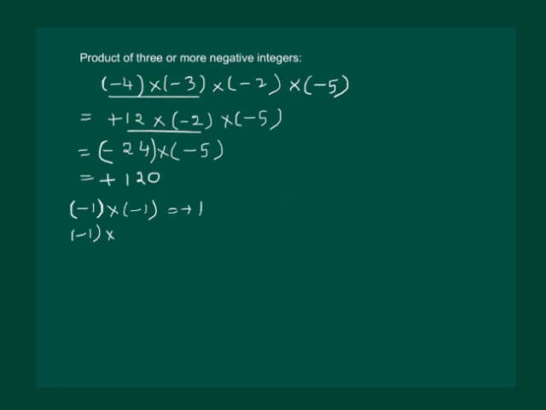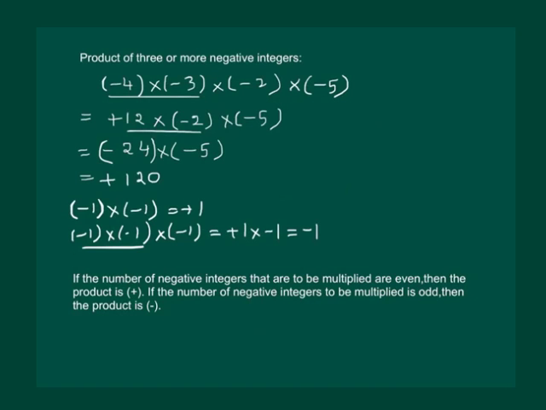Minus 1 into minus 1 into minus 1 will give us plus 1 into minus 1, which is equal to minus 1. That means if the number of negative integers to be multiplied is even, then the product is positive, and if the number of negative integers to be multiplied is odd, then the product is negative.